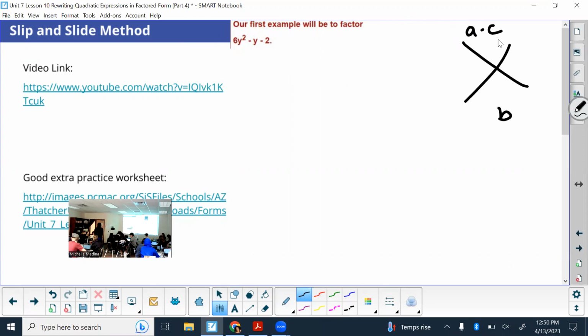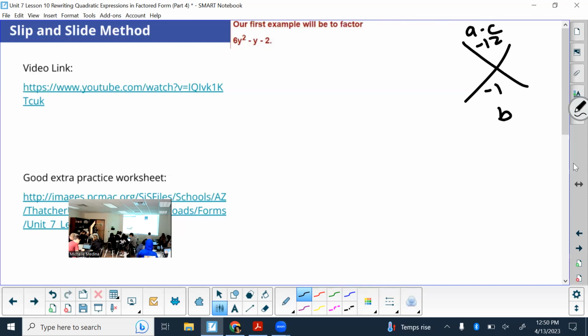What's my A times C in this one? Six and -2 are my A and my C, multiplying together, we get -12 on top. On the bottom, my B is -1. Correct. So A, B, and C should always be numbers.